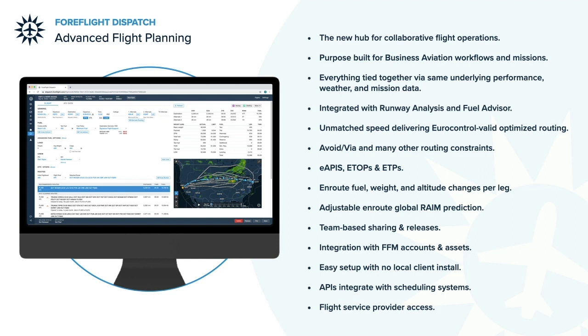It does support very fast Eurocontrol valid optimized routing, and so if you're going to be flying in Europe, it can come back with a Eurocontrol valid route very, very quickly. And the same applies anywhere else you're flying. The recommended route is a feature that will optimize a route for flight time and fuel burn. And in the US, it will actually also optimize for the likelihood that it will be cleared as filed.